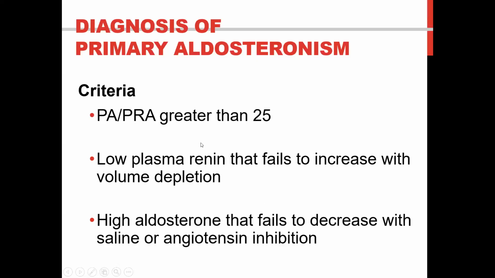I mean, sorry, I have to correct myself. 25% of patients with hypertension actually have low plasma renin activity. And aside from PA greater than 25, the low plasma renin fails to increase with volume depletion, and also high aldosterone fails to decrease with saline or angiotensin inhibition.